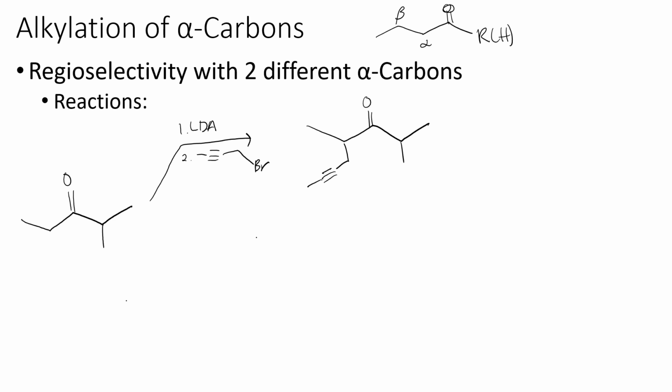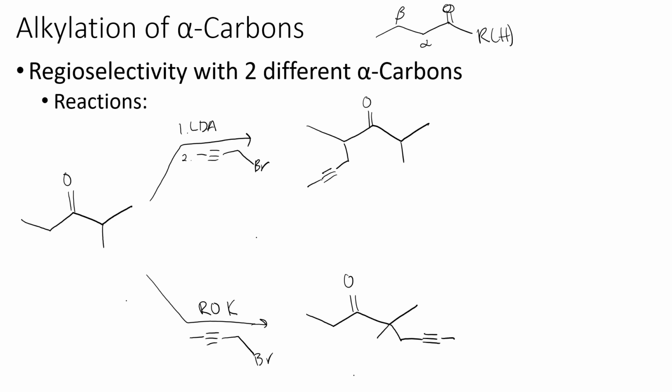But if I do this with an alkoxide anion and react it with the same exact alkyl halide, what we will see is that my alkylation is going to be on the more substituted side.